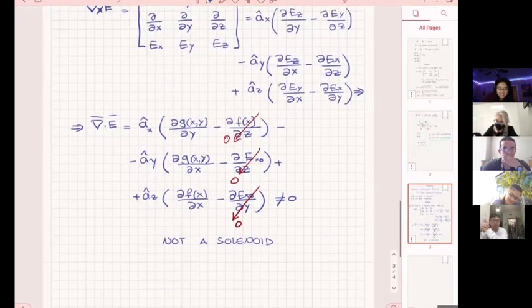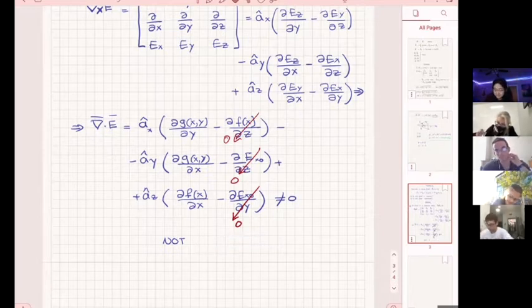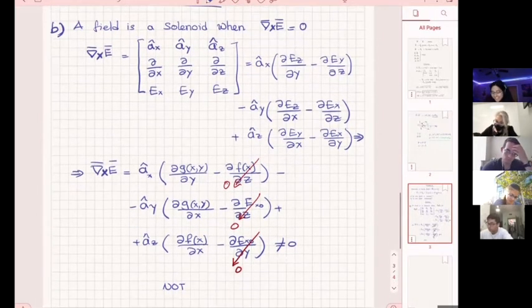So that's not a solenoid. This is not rotational. Well, excuse me, this is rotational, because I would have failed that class from day one. Because this one is not 0, therefore this is rotational.